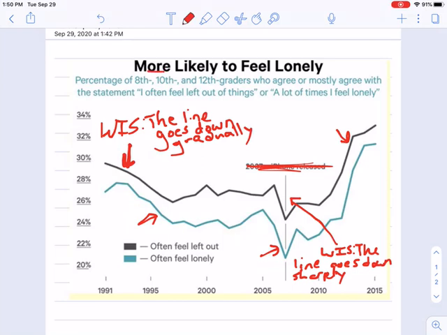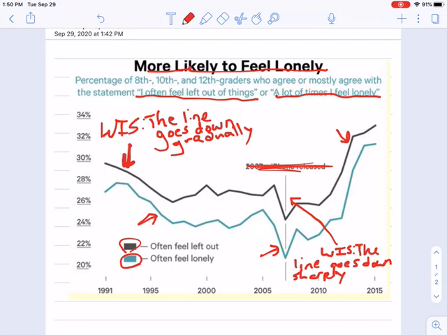The title up here, more likely to feel lonely, says, percentage of 8th, 10th, and 12th graders who agree or mostly agree with the statement, I often feel left out of things, or a lot of times I feel lonely. We have two different lines being represented here. I often feel left out of things is in black. And a lot of times I feel lonely is in blue.